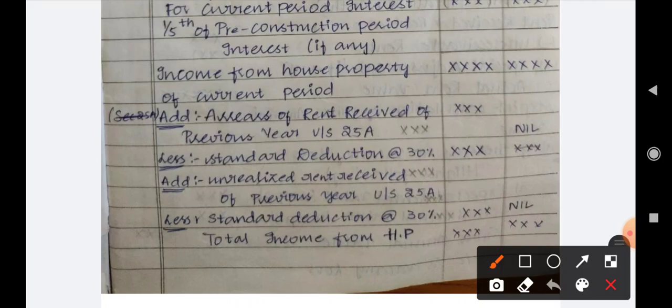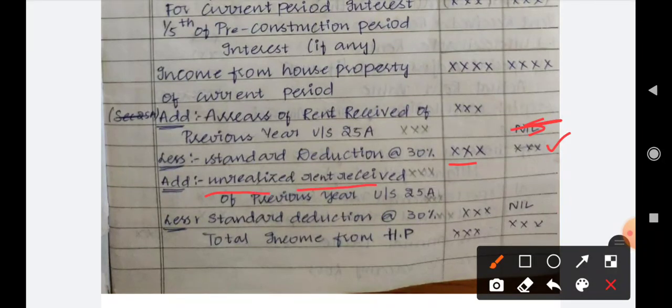In that case it will be allowed as income, but after deducting 30% standard deduction. So after 30% standard deduction you will get income. This may be for here also. Previously house property may be let out, now it is self occupied. In that case here also there will be income, there is no nil, there may be income.